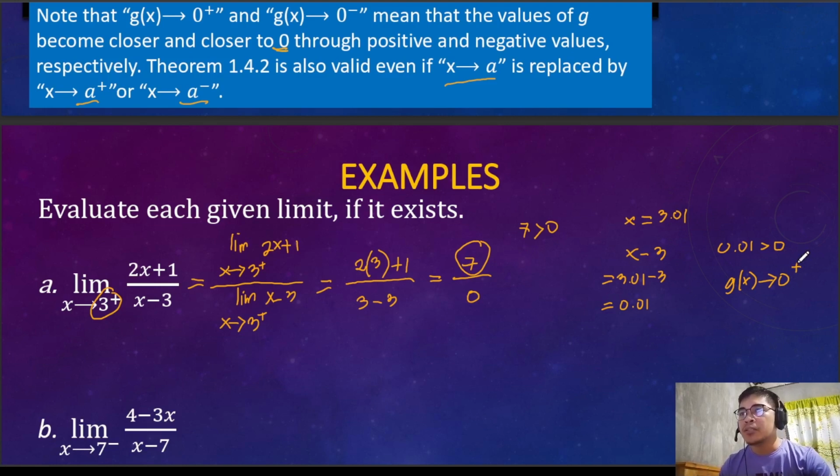Clear? So therefore, we have here 7, which is greater than 0, and we have here g of x approaches 0 from the right. So the limit of 2x plus 1 all over x minus 3 as x approaches 3 from the right is what?